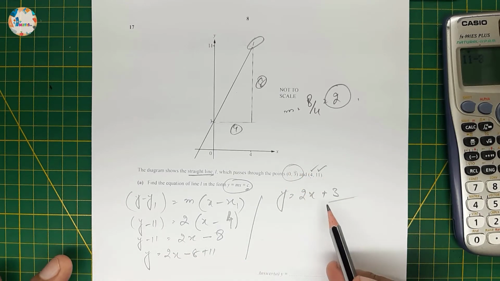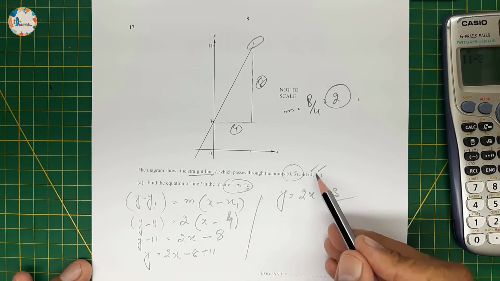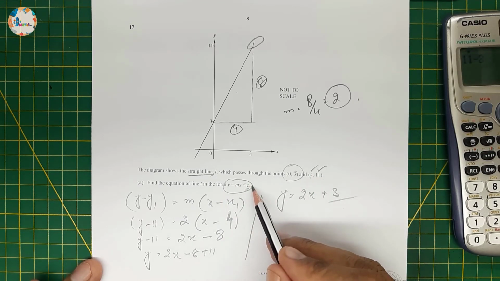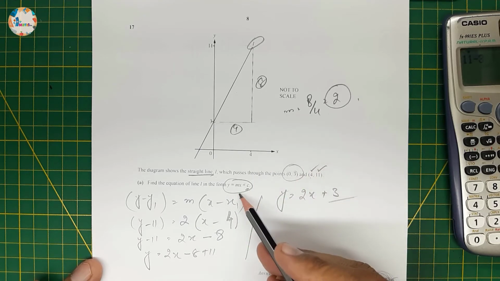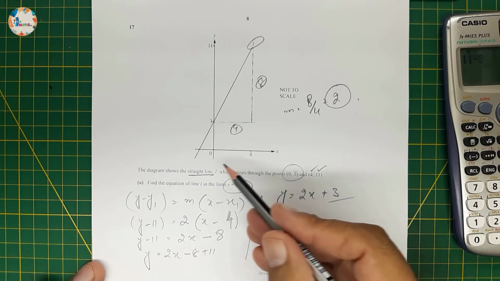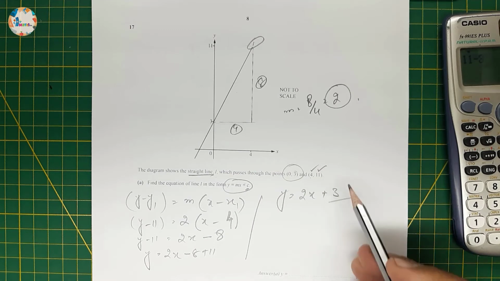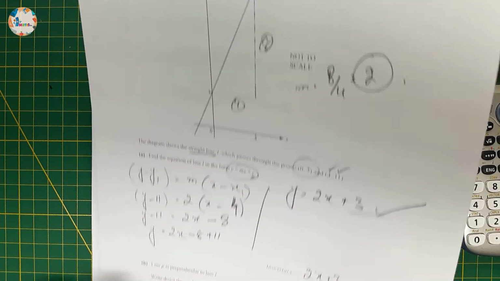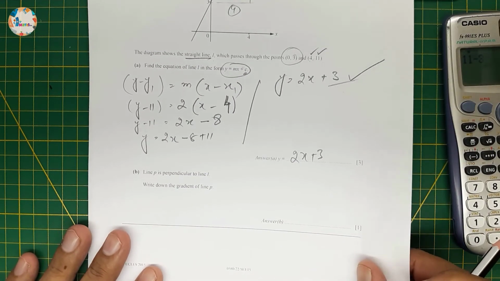The other method is to find c first by replacing the x and y values, then write the equation. But I prefer the direct method. Hopefully you will find this easier. The proper place for the answer is the one I have written.